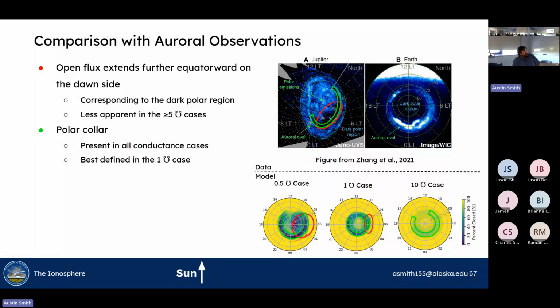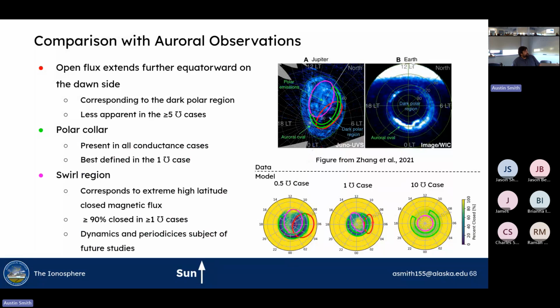And we see this collar in the open flux in the lower conductance cases, and I think it's best defined in the 1 mho case. We can go back. You can see here this nice polar collar in the magnetic topology.